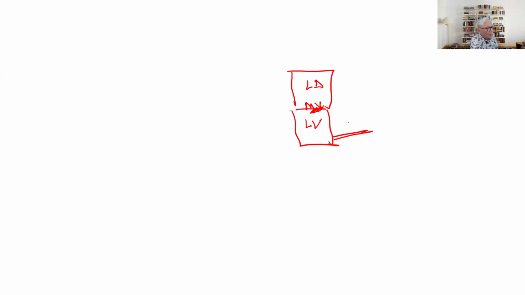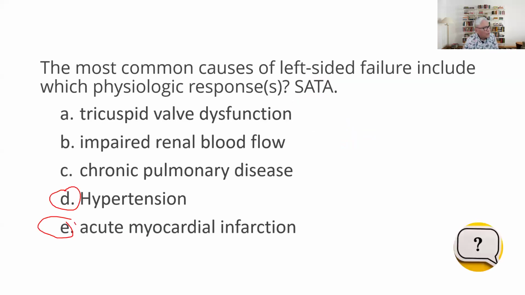And therefore, this would also cause left ventricular dysfunction or left-sided heart failure. And lastly, if there's going to be loss of the ability of this heart to contract because of myocardial infarction, this is going to cause left-sided heart failure. Okay, so that is the reason why letter D and letter E are the correct answers in this question.